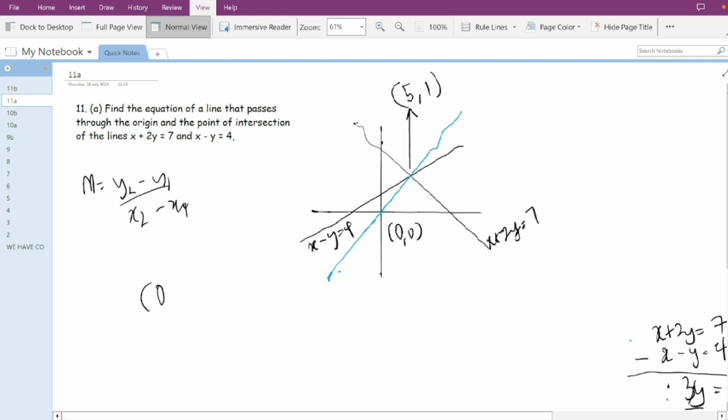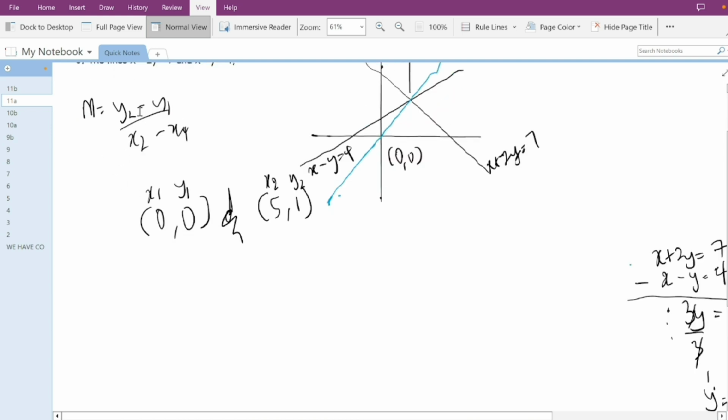Let's take the point 0, 0 as our first point, which is x1, y1, and 5 and 1 as x2, y2. Like we said earlier, x comes before the y. So we'll use this formula to solve.